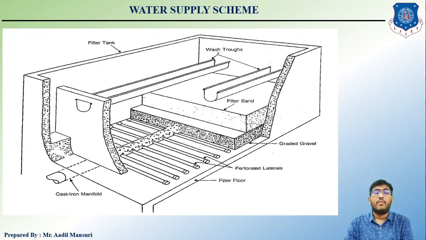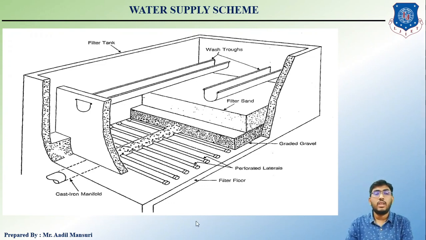And we already know that when the water passes through different layers, the water gets purified, right? So here also the same phenomenon is acting. When the water passes through the sand layer and gravel layer, then below the gravel layer there is a system of manifold and perforated pipes, right? So there are perforated laterals from where the purified, clean water will enter the cast iron manifold. Okay, and the purified water will then be sent to the community.